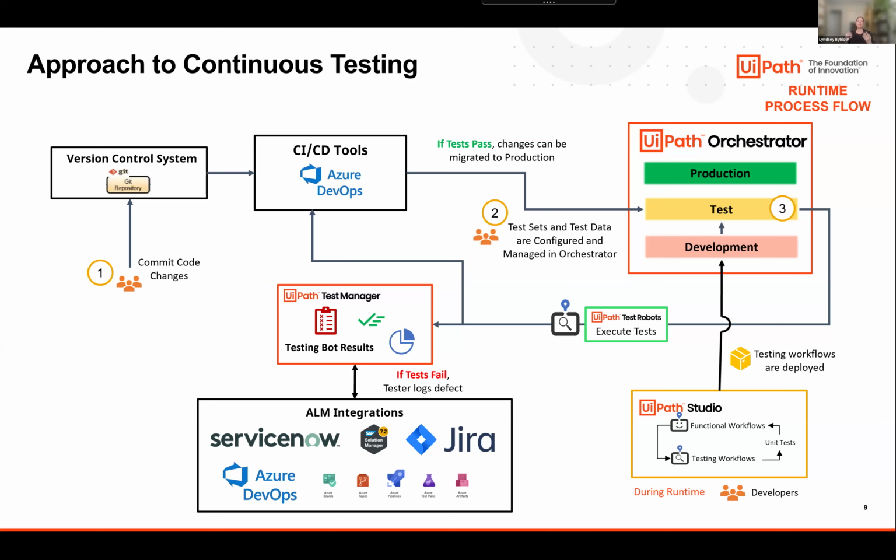And then, of course, any results will go back into steps of pass or fail in the CI/CD. So in our case, Azure DevOps, but it will also feed back into Test Manager.